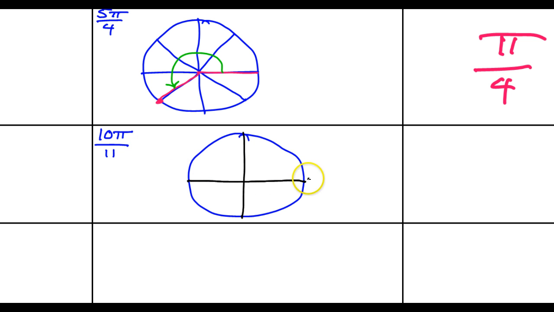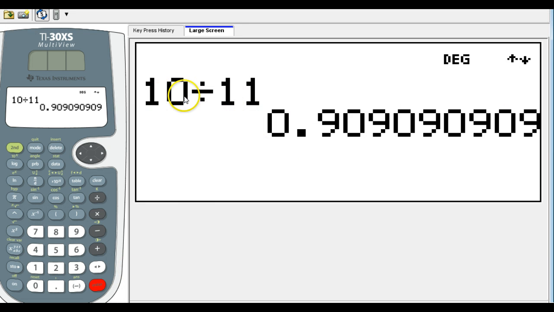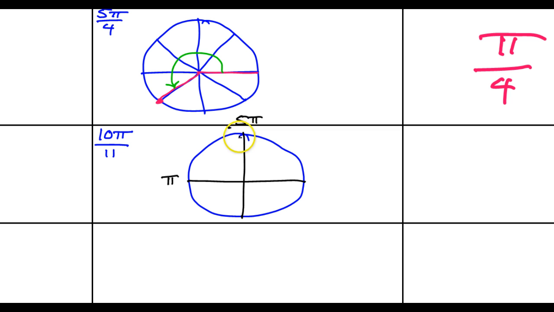Now in terms of pi, remember that pi would be right here, and so that's like 1 pi. This is 1/2 pi, so this is like 0.5 pi, right here. Now when we looked at the decimal, 10 divided by 11 is 0.9 something. So 0.9 pi is a little bit less than 1 pi. It's clearly bigger than 0.5 pi.